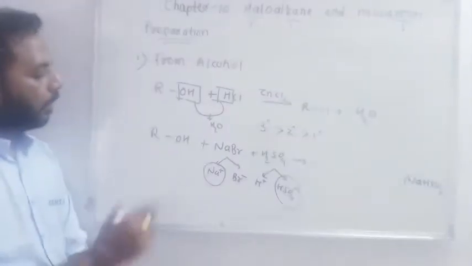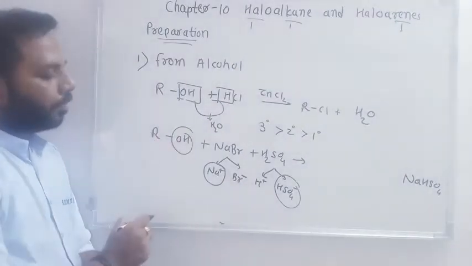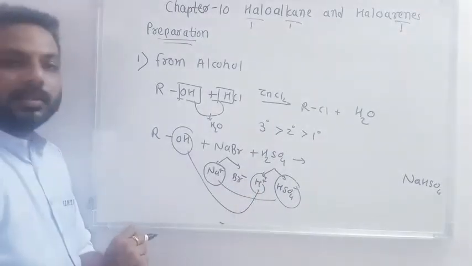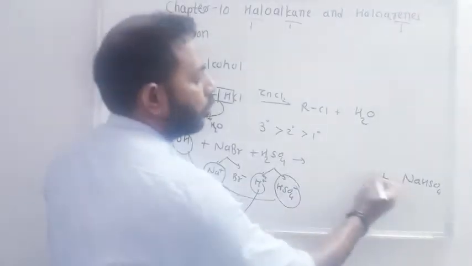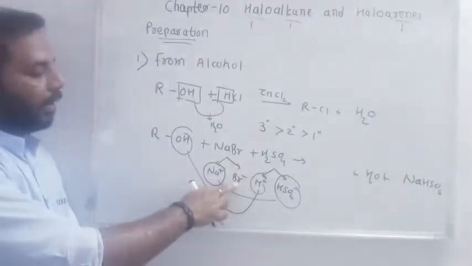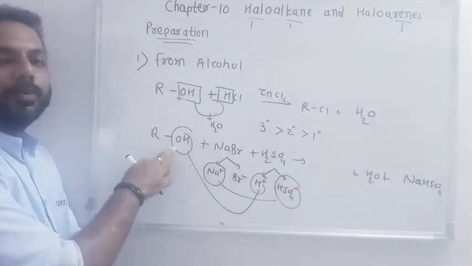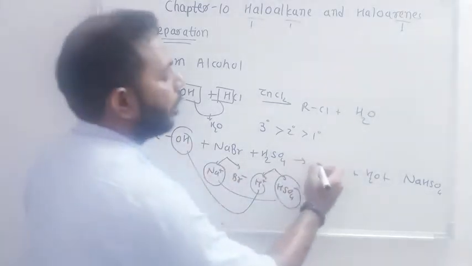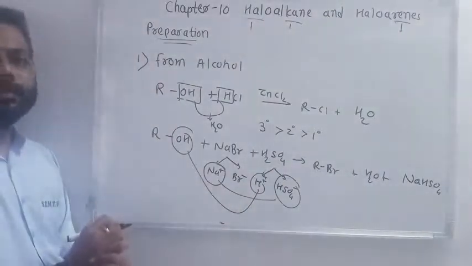Now OH minus from alcohol and H plus from acid will form H2O. Alright, now what is left? The negative group Br minus from NaBr will replace OH minus and it will form haloalkane, or we can say bromoalkane.